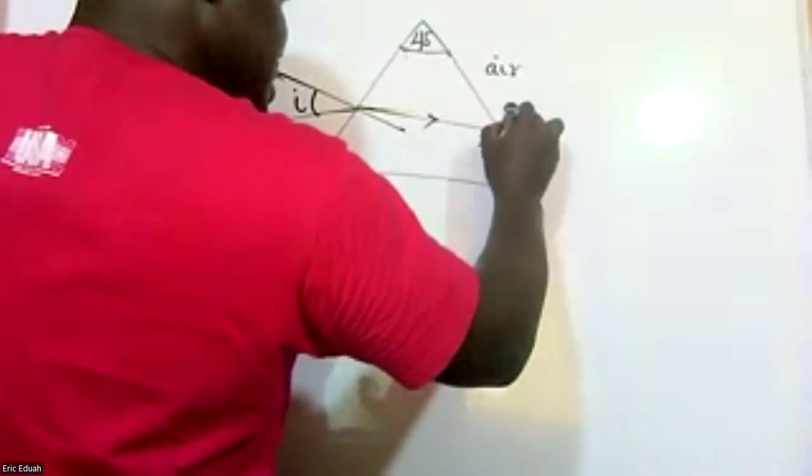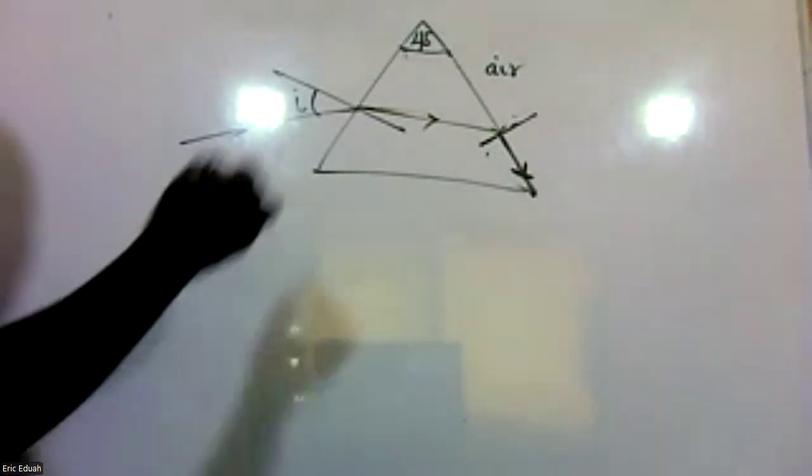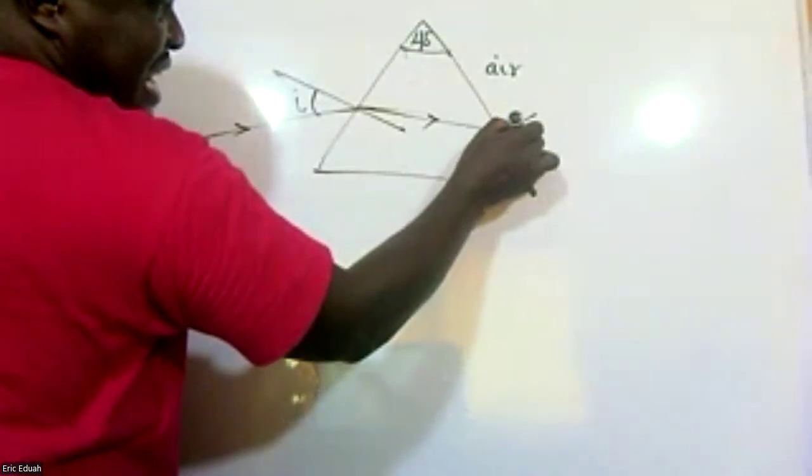The refracted ray must just be on the boundary, and this angle must be 90.